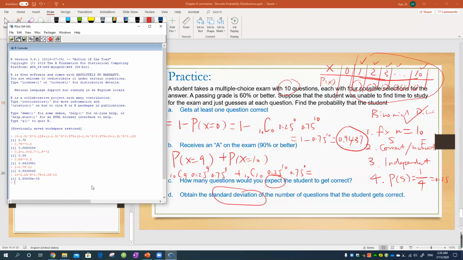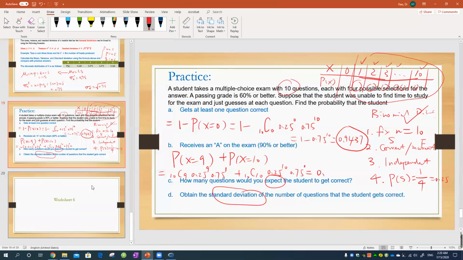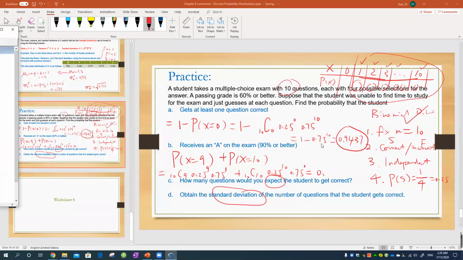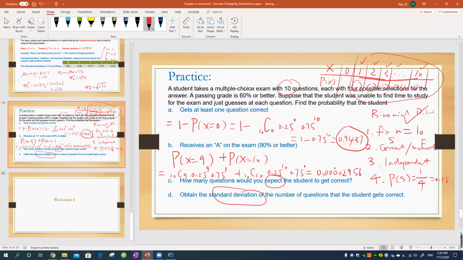Then that is 0.00002 and so on, which is almost 0.